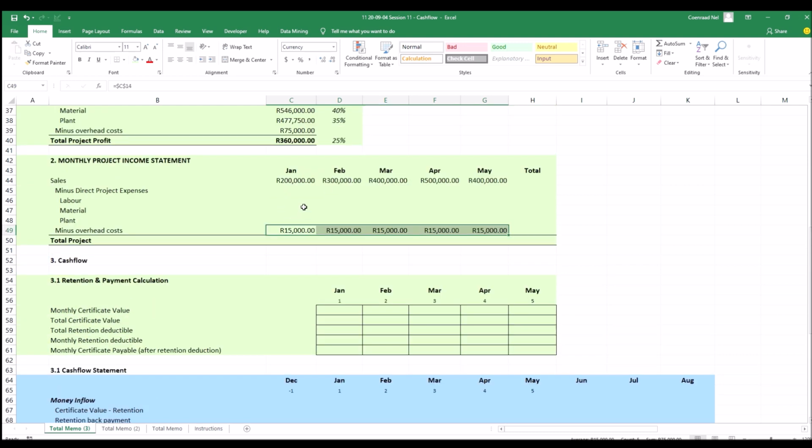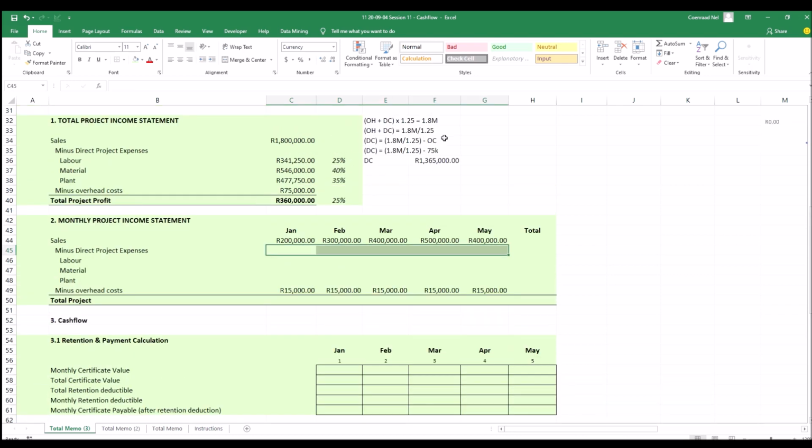And now we are again looking for our direct project cost component of this. But we've already worked out the formula over there. So let's take this formula, and I'm going to copy this formula over here and just put it over there. Now let's make it easier.